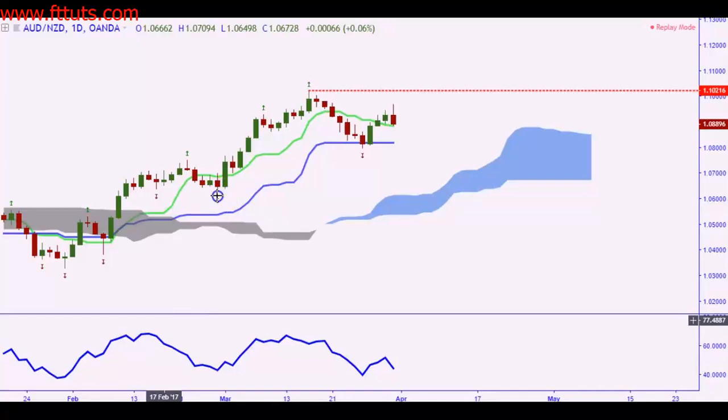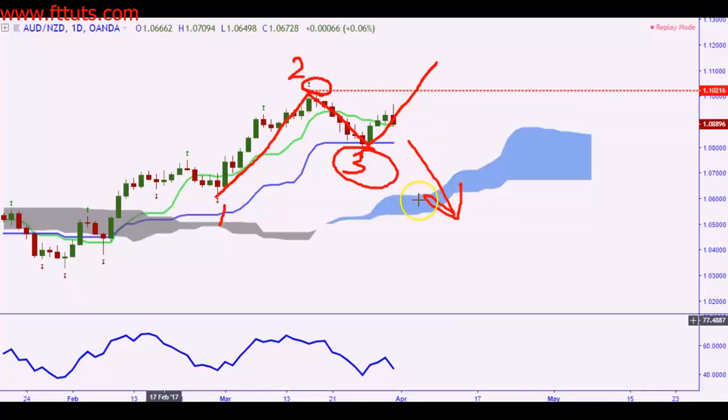So you have a 1, 2, 3. 4 would break this level. If 4 cannot break that level, then that means 1, 2, 3. If we break 3, that means we should go in the opposite direction.